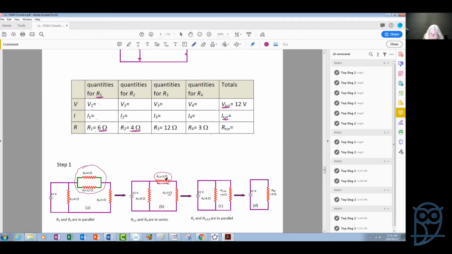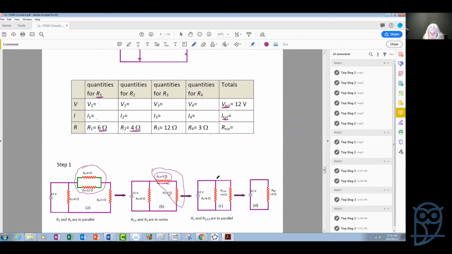So we add them together and redraw the circuit, replacing those two with their equivalent. 3 ohms plus 3 ohms is 6 ohms. So we redraw the circuit and replace these two with the 6 ohm resistance.